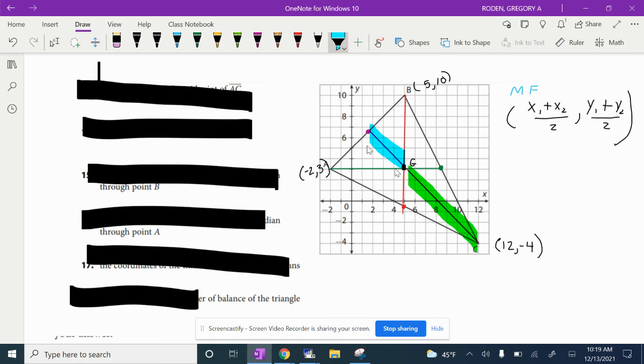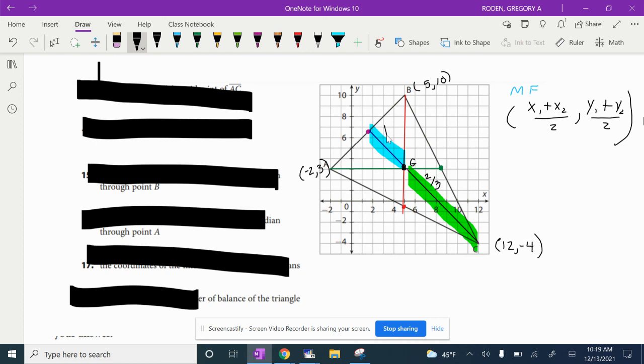So Chris has been dying to talk about this. Chris, tell me about this concept. It's the 2/3, 1/3 rule. Very good, Chris. George, you kind of see what we're talking about there? So this is 2/3 of the entire median. Write this down.